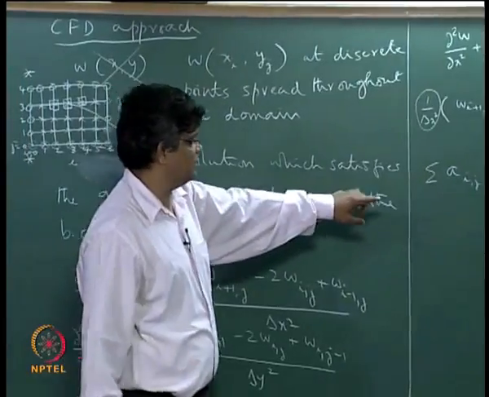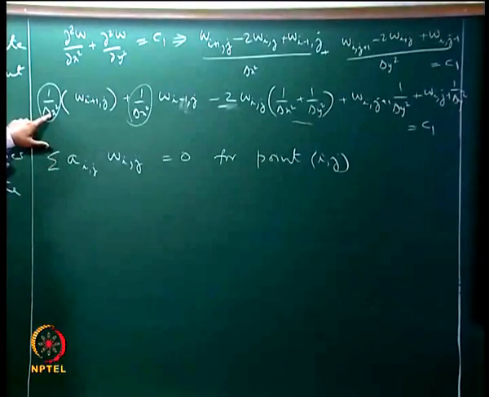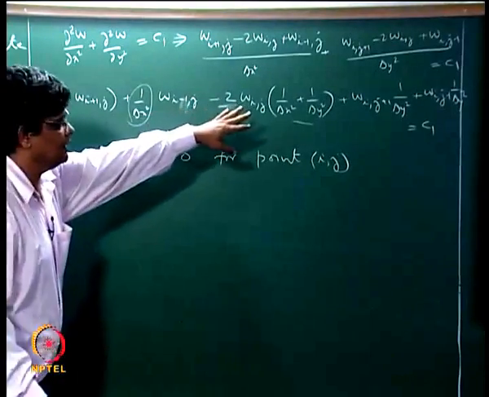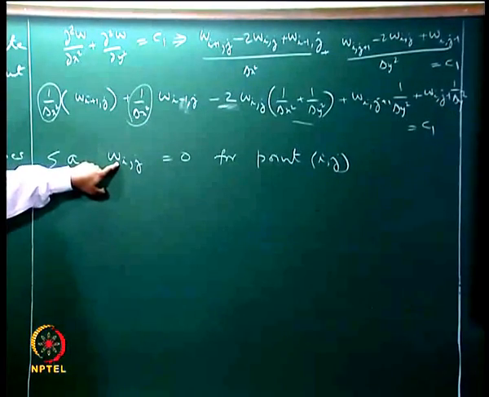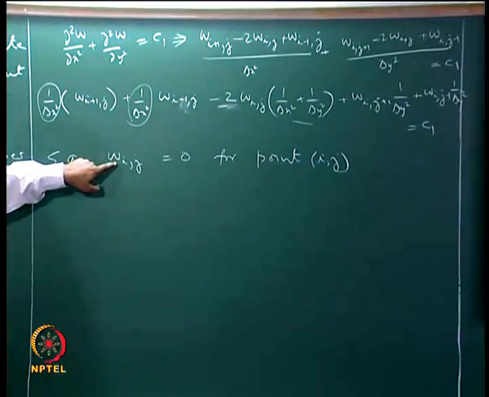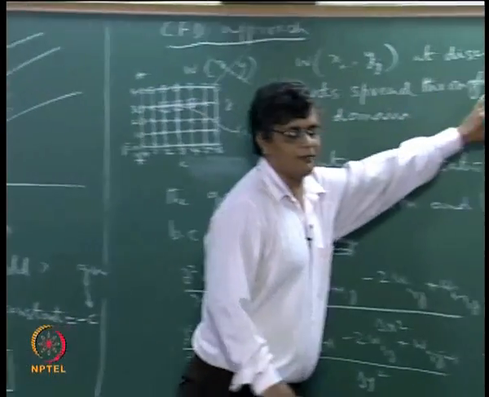In this equation the coefficients 1 by delta x square, delta y square and all those things depend on the particular values of the variables that come in this particular approximation.